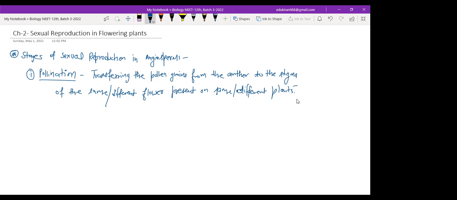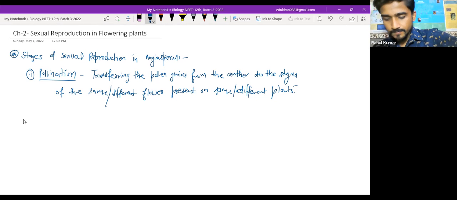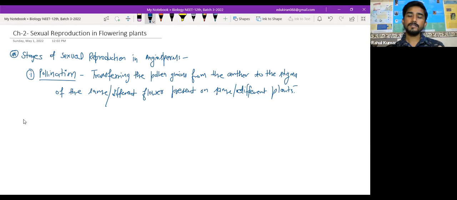Yes, sir. Okay. Now, the agents that do pollination are called pollinators. So write down the next line. The agents involved in this process are called pollinators.